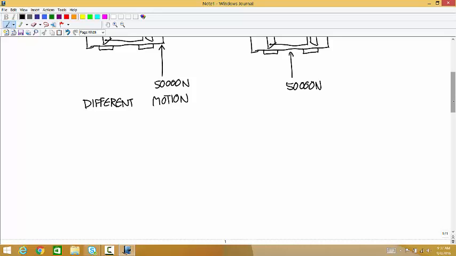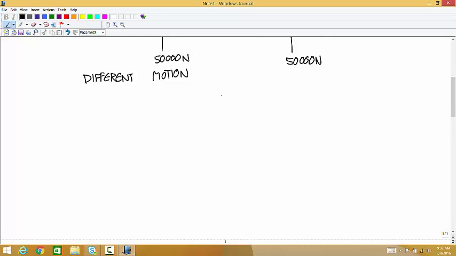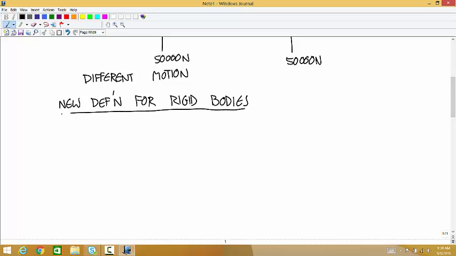Okay, so in order to talk about these orientation changes, we have to introduce this new quantity. So there's a new definition that we need for rigid bodies. And that is the moment. People tend to just call it the moment, but this is the moment applied by a force.